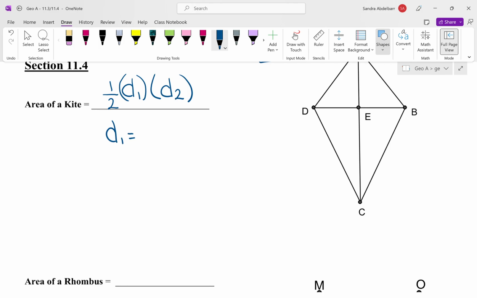D1 is diagonal 1, and D2 is diagonal 2. Nope, it does not matter which one's diagonal 1 and which one's diagonal 2. All right, so that's the area of a kite.